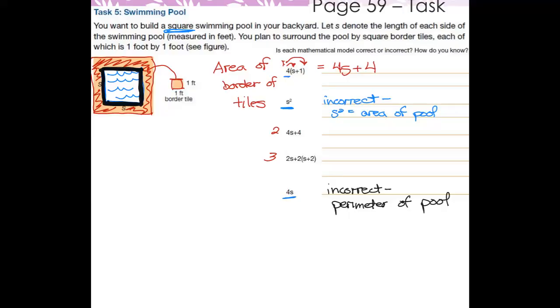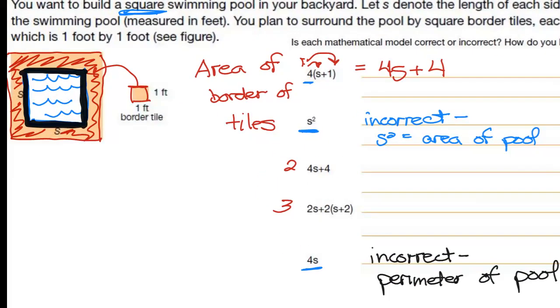Okay. Well, I know I have 4 s's here plus 4. What is the area of this 1 by 1 foot border tile right here? It's 1 foot squared, right?